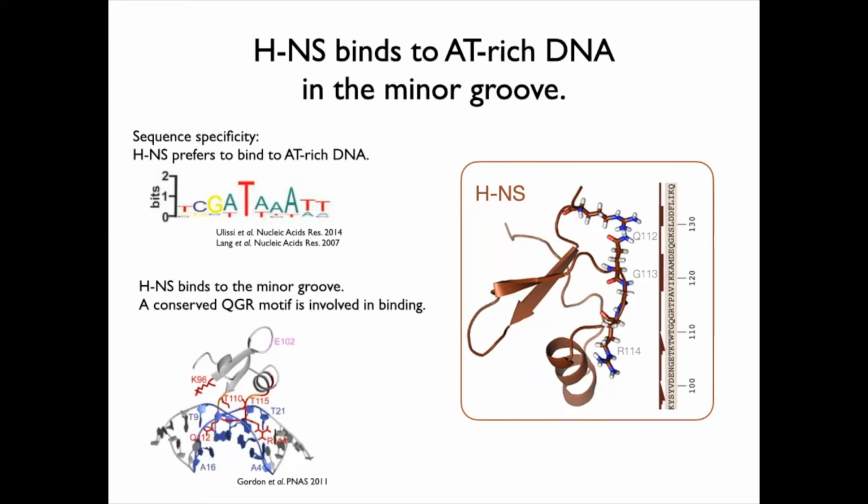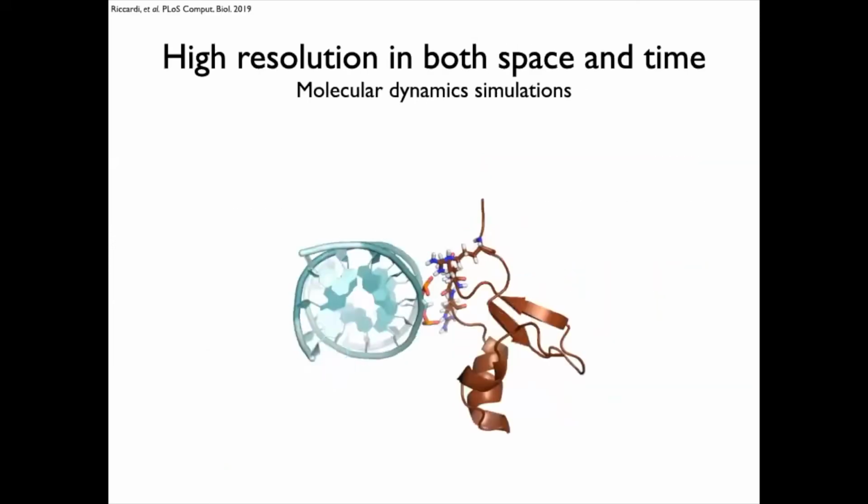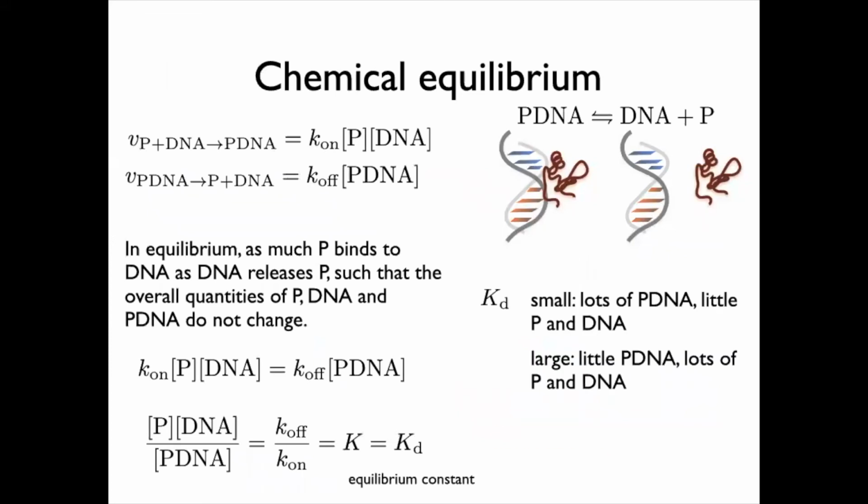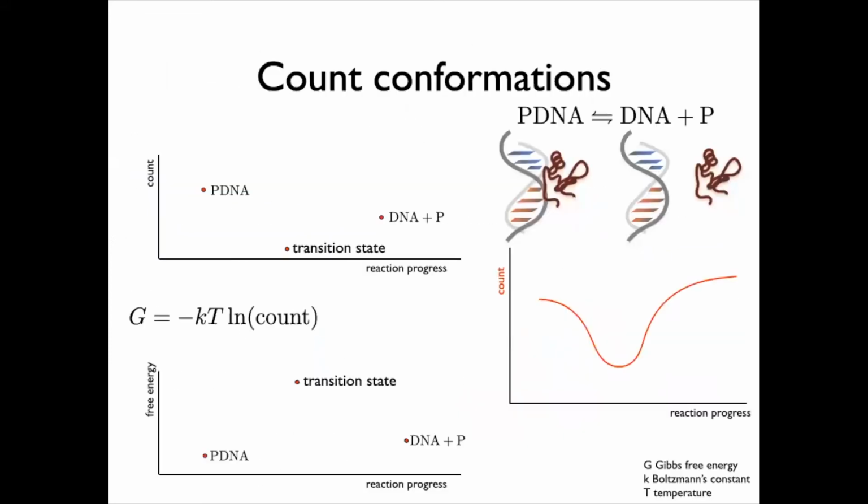Also known minor groove binders were done in competitive experiments where you have both the known minor groove binder and HNS put together. And if you first put HNS, then the known minor groove binder could no longer bind to DNA. But it's a good question because experimental validation is still underway. Okay, I have to go through all of this.